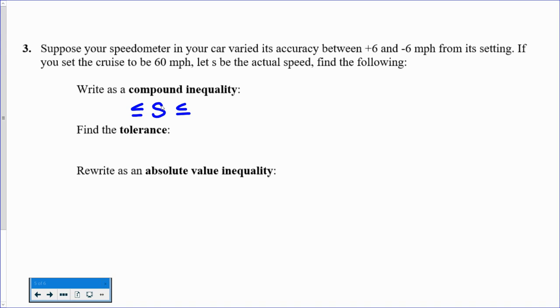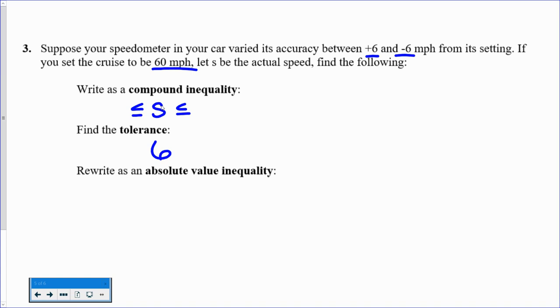We have the desired amount, and I actually already have the tolerance because the tolerance tells you how far off you can be from that desired amount of 60 miles per hour. So I could be up 6 or 6 below that speed. So I already know my tolerance is 6. This time I didn't have to calculate it.